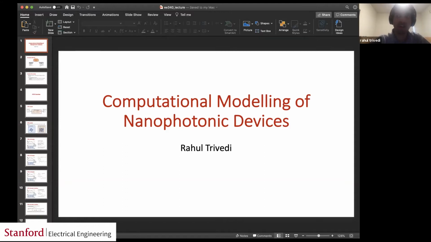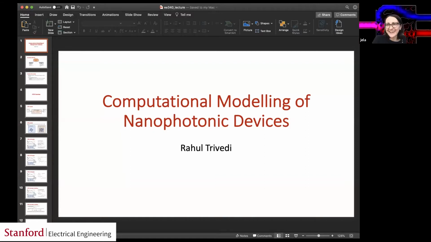This is not really meant to substitute a proper computational EM class, but rather to give you an idea of what FDTD is, because it's one of the most commonly used numerical methods for modeling devices in nanophotonics. So what's the rough idea behind how you set it up, and what all can you do with it, which is probably more useful, because most of us don't really need to program our own FDTD.